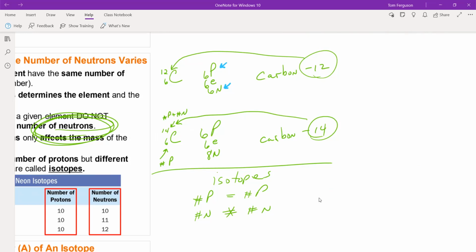Carbon 14, 6 protons. Notice the protons are the same because they're both carbon. By definition, it has to have the same number of protons. So carbon 14 would have 6 protons and 8 neutrons.